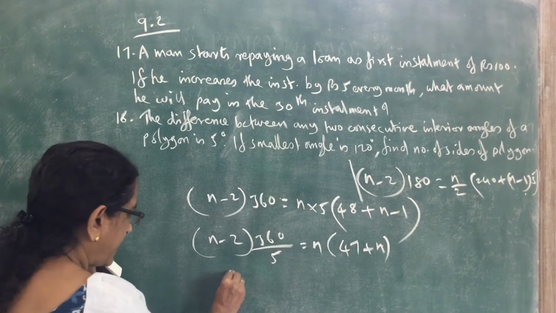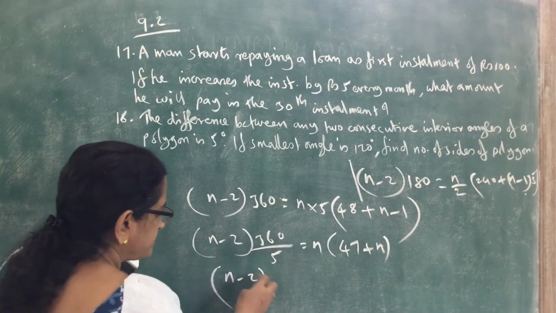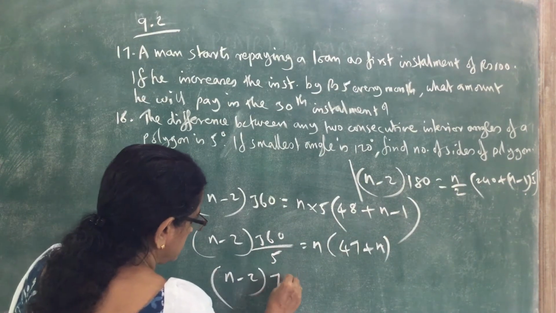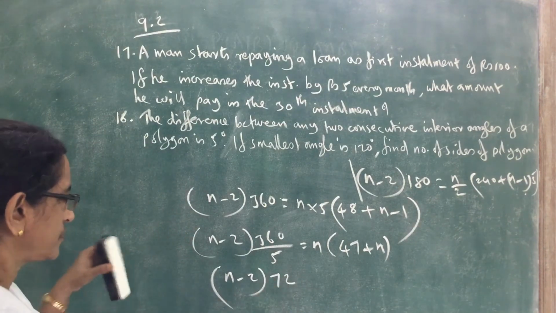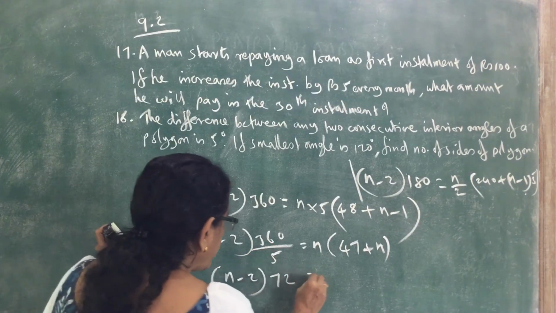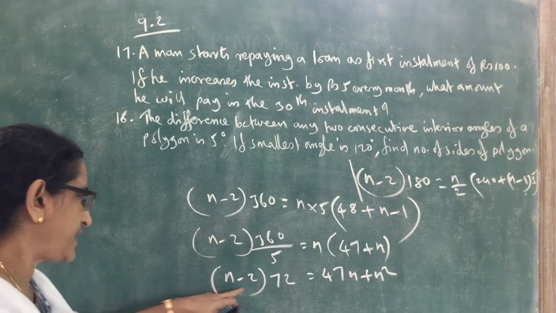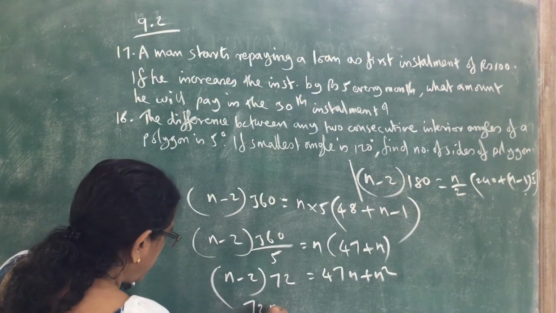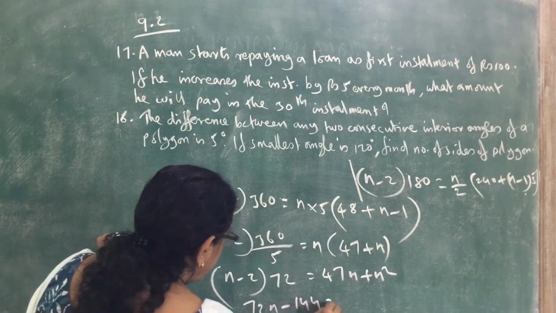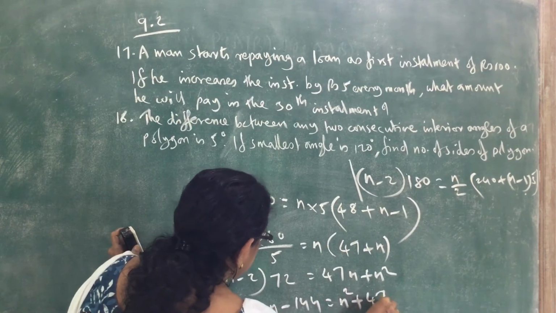Now we get n minus 2 into 72 equals 47n plus n square. Opening the bracket, 72n minus 144 equals n square plus 47n.